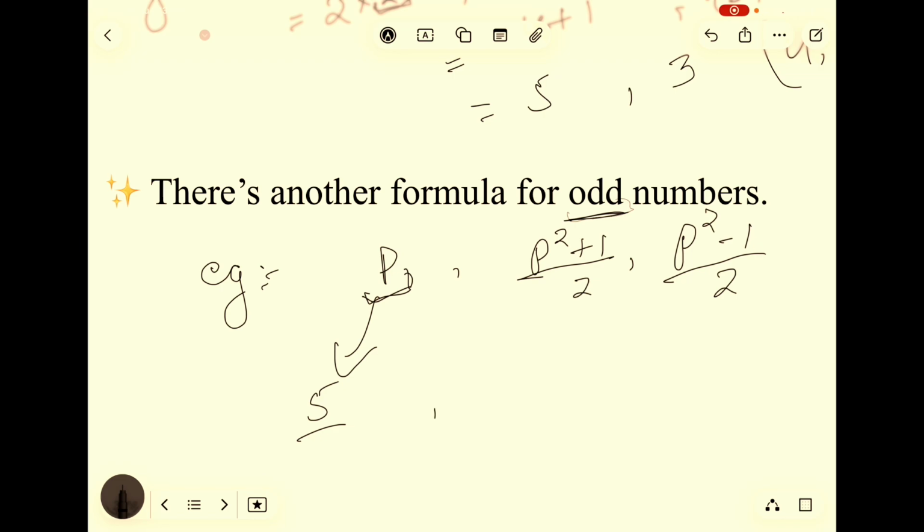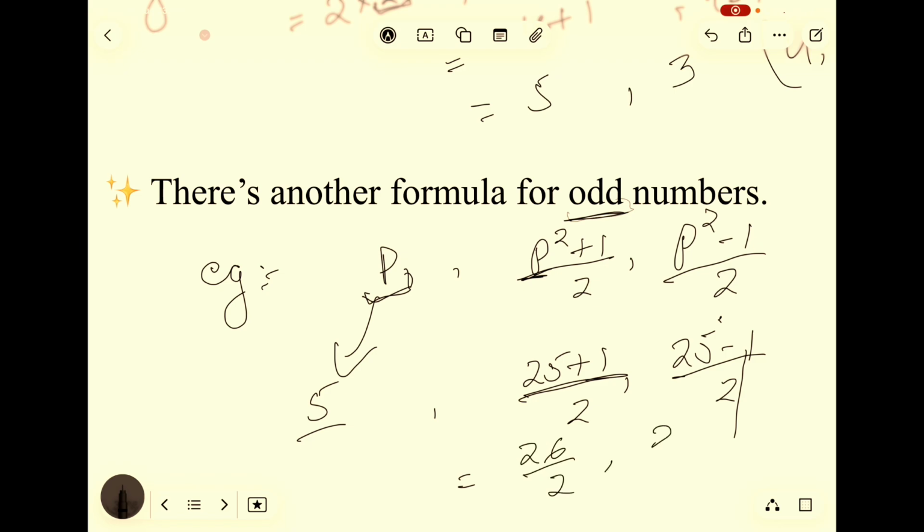Then put p over here: 25 plus 1 upon 2 and 25 minus 1 upon 2. On solving this, we get 26 by 2 and 24 by 2, which is 13 and 12. So we got a Pythagorean triplet where I had the given number 5.